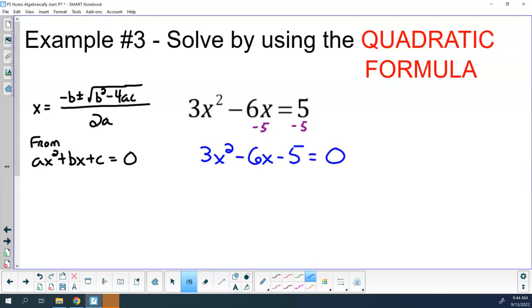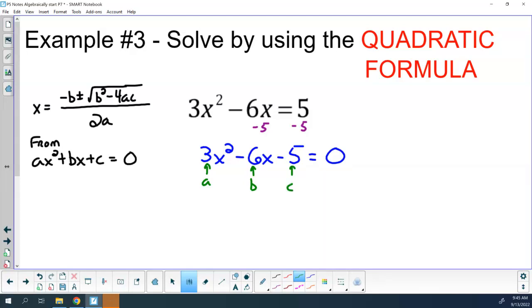So then this would be that. My a value is what? 3. My b value is what? Negative 6. And my c value is negative 5.